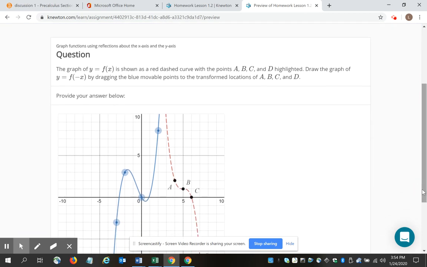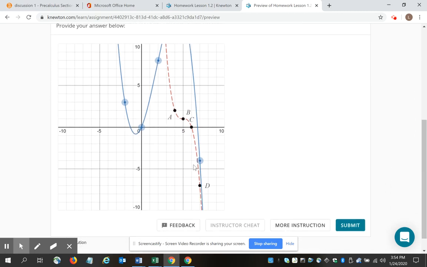It said you got the red dash curve, and you have to drag the movable points to get it to this. So this is where you're going to reflect. Let's see if we can get it where it's on top of the red one, so that we can then play with it.